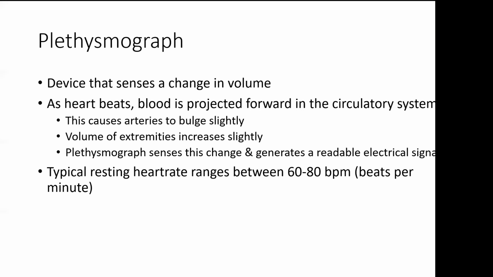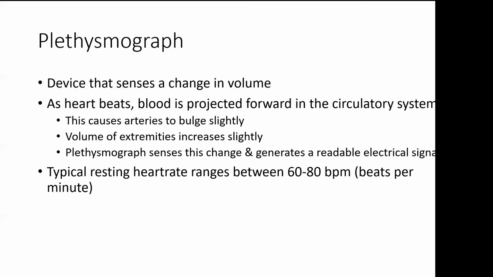Okay, so plethysmograph is a device that senses a change in volume. And the way that actually works to measure our pulse is this. So when our heart beats, it's projecting blood out to the circulatory system. So if you're looking at an artery, say an artery in your wrist or something, every time the heart beats, we're actually pushing more blood through that artery in a pulse, the same way your heart beats with a pulse. This actually causes all the arteries in your body, when that blood reaches them, to bulge slightly.